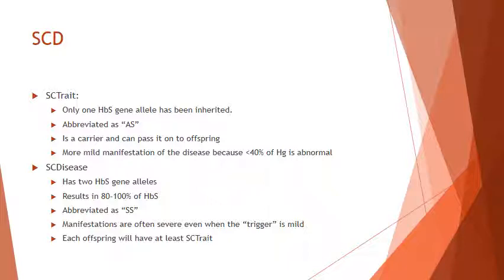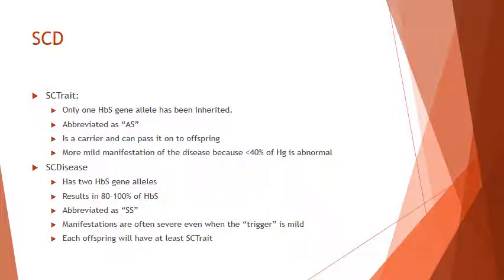With sickle cell disease, as you saw, these persons have two of those hemoglobin S gene alleles. So they actually have the disease, and 80 to 100% of the hemoglobin in their body is hemoglobin S, abbreviated as SS.